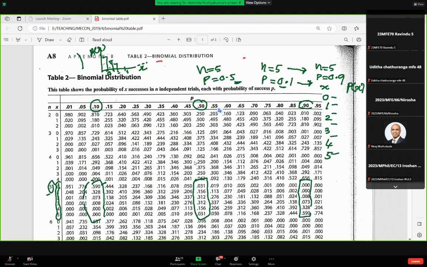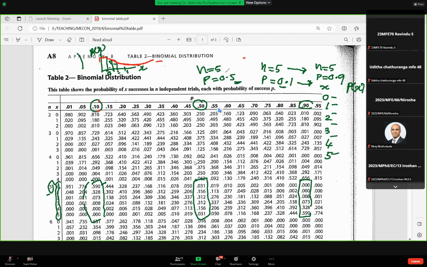Then the probability curve goes like this. If the curve is like this, we call it a right skewed distribution. Now you can see if the probability of the event of interest is less than 0.5, the probability distribution is right skewed.